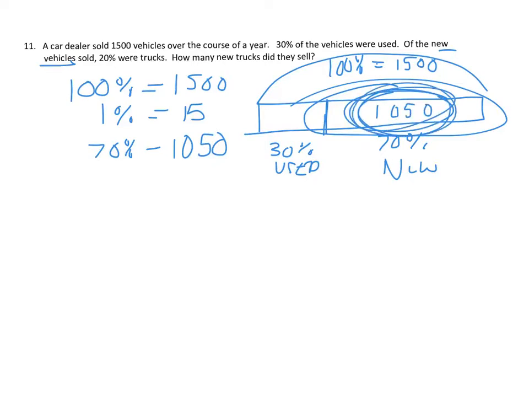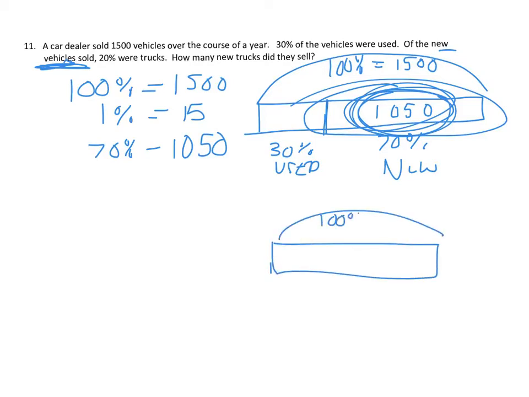Let me read the rest of the question, though, because they said out of just the new ones, so if we're dealing with just the new, it looks like I've got a new total here of new cars. All the new vehicles, there's 1,050 of them. They say that out of that, 20% of that amount were trucks.